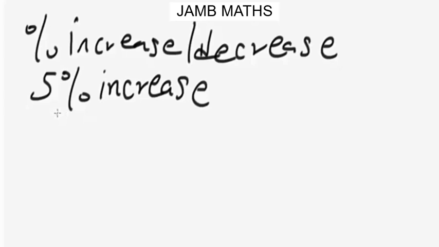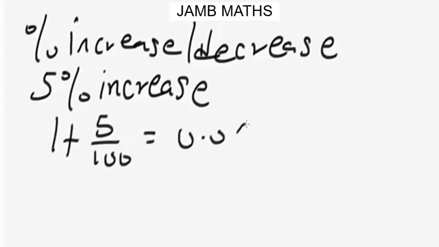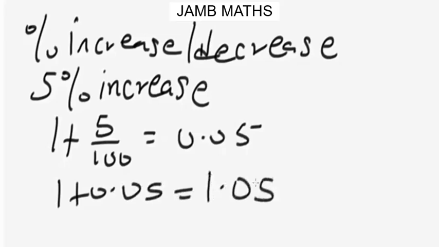So a 5% increase of 1 basically means 1 plus 5 over 100, and 5 over 100 is 0.05. When you add it, it's going to be 1 plus 0.05, which gives us 1.05. That's basically how to deal with this kind of problem.